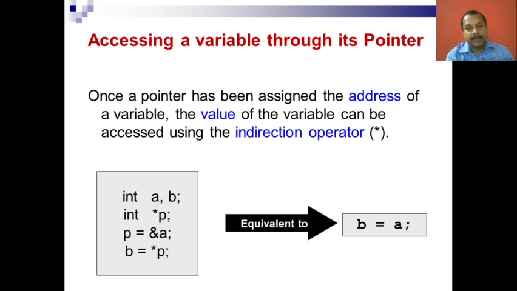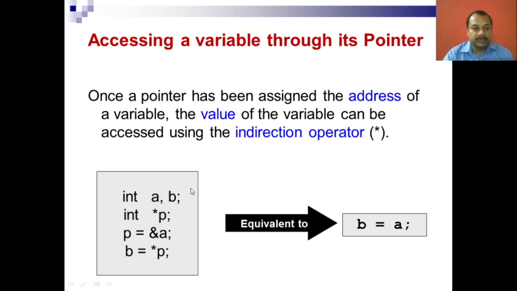It is as if I am depositing to you one key, and when I ask you to give me the stuff, I am not asking for the key, but I am telling you, okay, use that key, open that box and give me the content. So there is one indirection, directly I am not accessing.